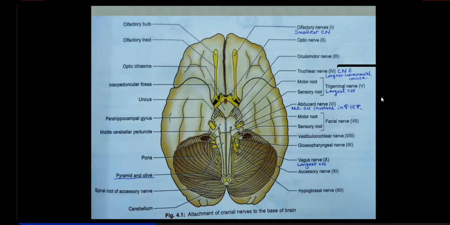And one more question I used to ask is, which cranial nerve is more prone for stretching due to increased intracranial pressure? That is abducent. Good. The nerve which is more prone for stretching will be abducent because it arises in the posterior cranial fossa, crosses the middle cranial fossa, and reaches into the orbit.